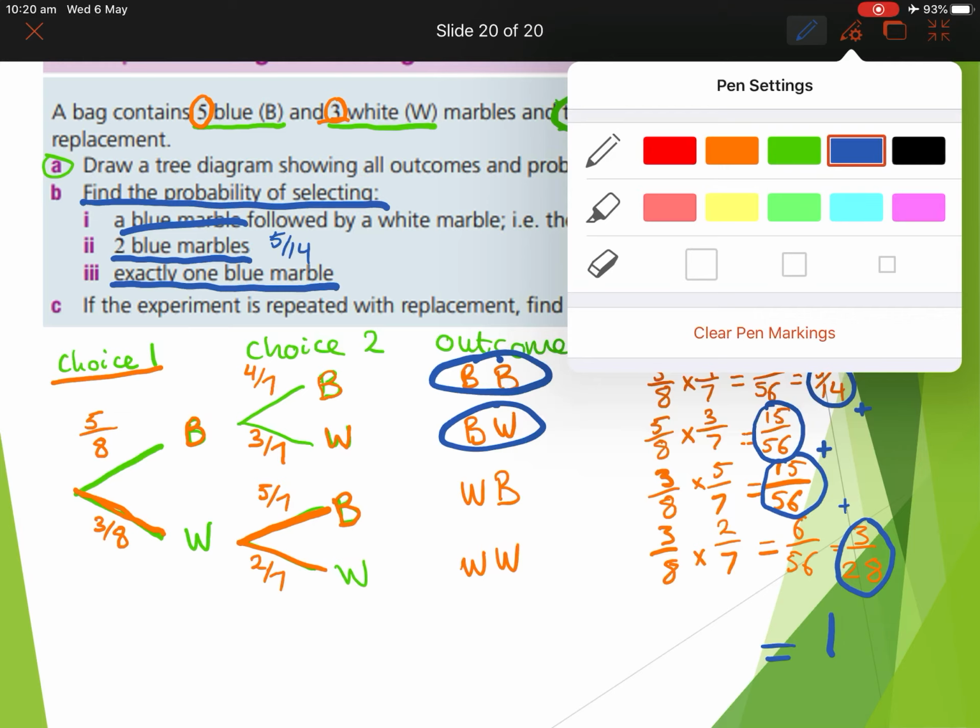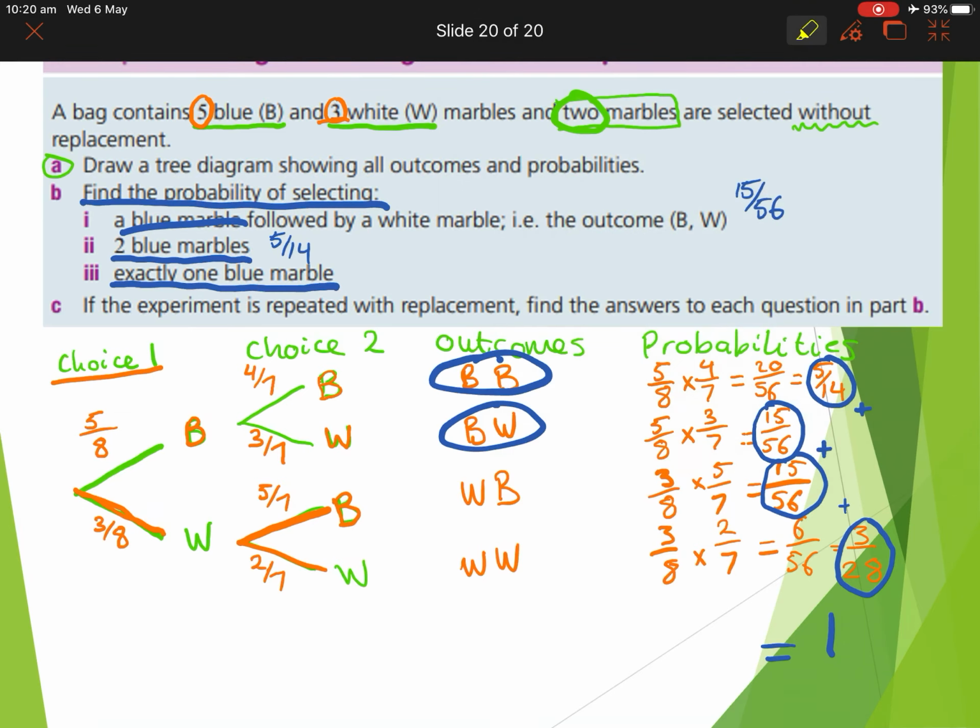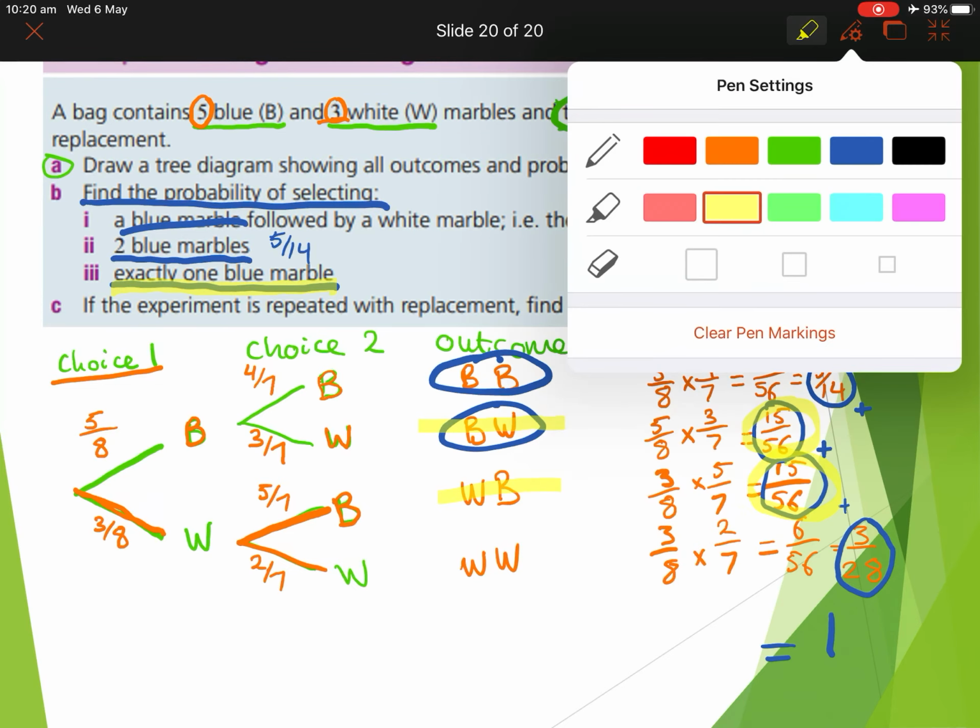Exactly 1 blue marble. Now this one, let me just change my pen, it might go yellow. Exactly 1 blue marble. So see how this outcome has exactly 1 blue, and so does this one. It only has 1 blue as well. Okay, so there are 2 ways that you could get exactly 1 blue. So what you need to do is add both of those probabilities together.